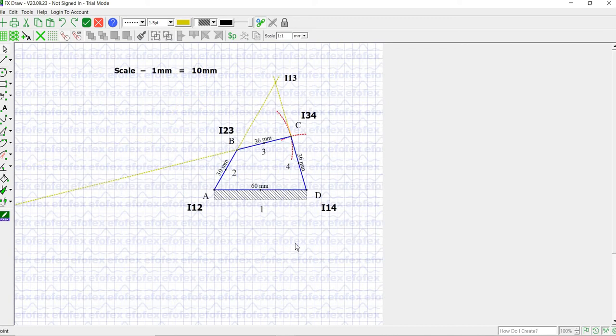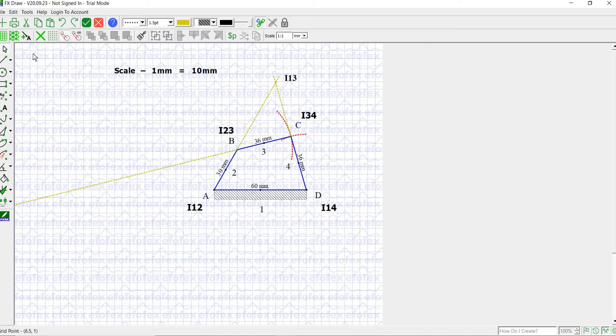All right. Now we will take in this direction 2, 1 and 4. For 2, 1, 4 we have I12 which is already here, I14 which is already here. The remaining instant center is I24, which should lie on the same line as I12 and I14.